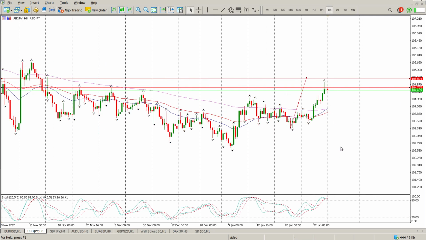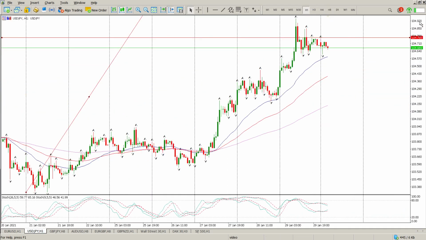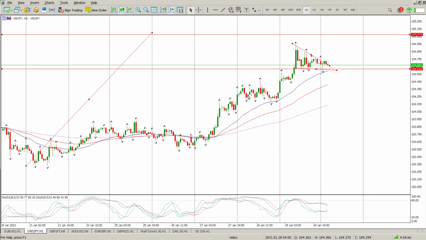We do have a bit of a crossover brewing, but I'm not entirely convinced. There could still be a bit of a move to the upside. So this little triangle here, there's two ways to look at it. It could be a flag, or it could be a flat bottom triangle. So if I move that down, you'll see what I mean there.